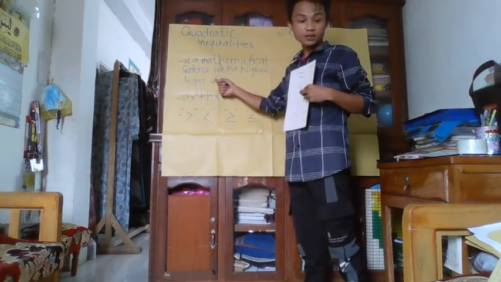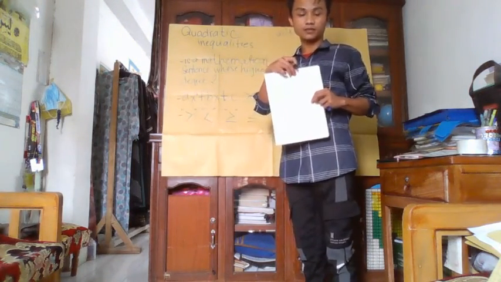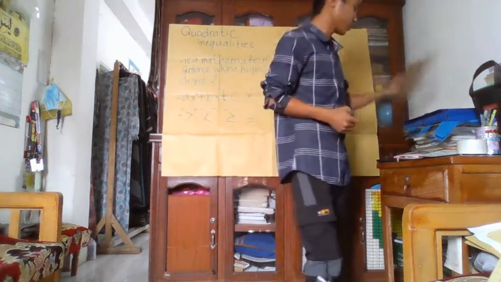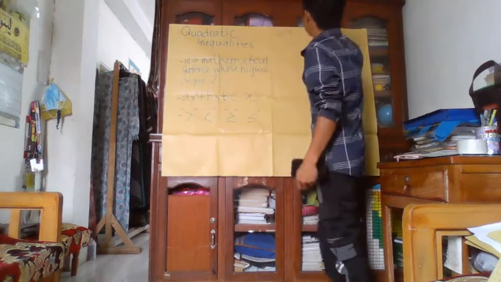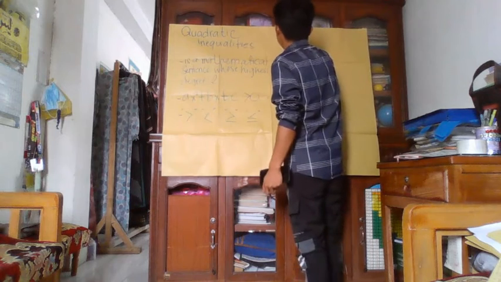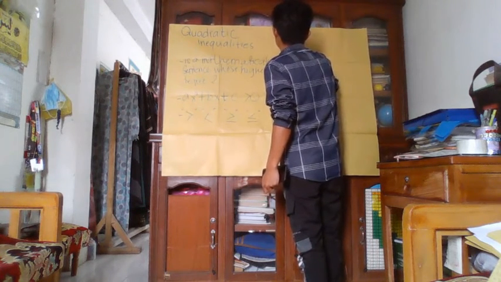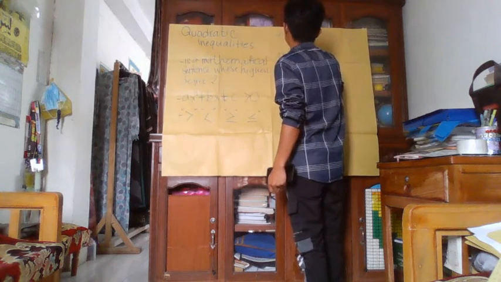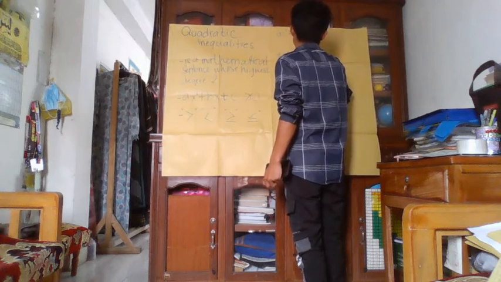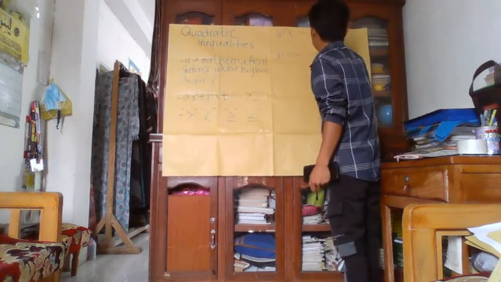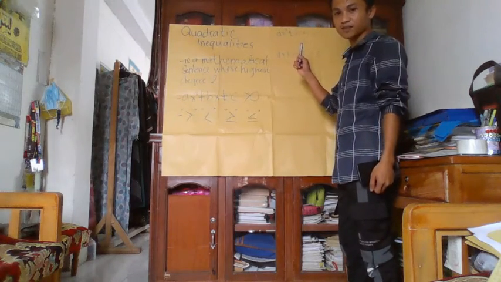have degree 2, and then they do not have an equal sign. So, can you identify, if I'm going to write ax squared plus bx plus c is less than 0, is that a quadratic inequality?